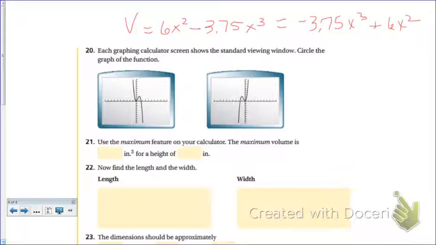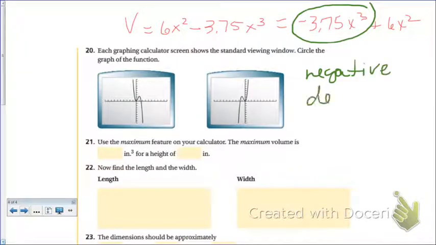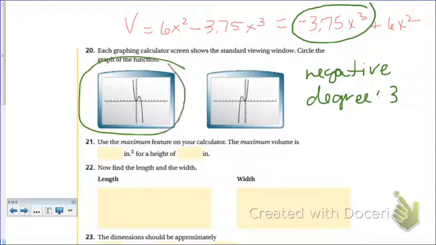So the leading term is negative 3.75x cubed. So it's a negative with a degree of 3. And if it's negative, it's going to end going down, so it's going to look like this first graph.